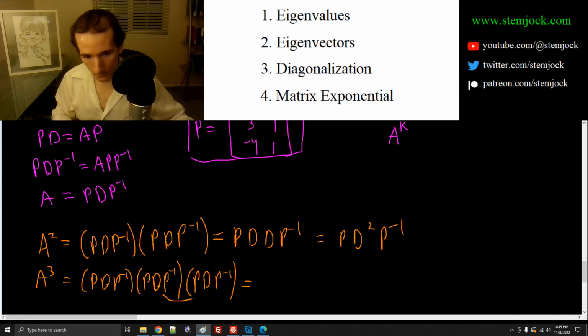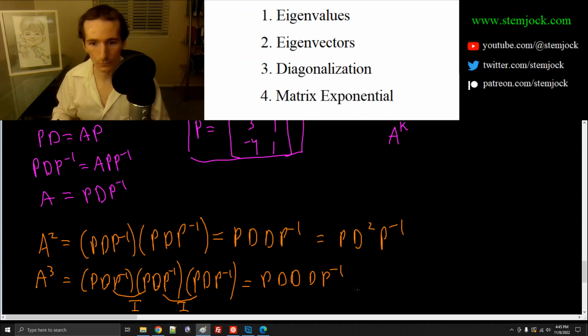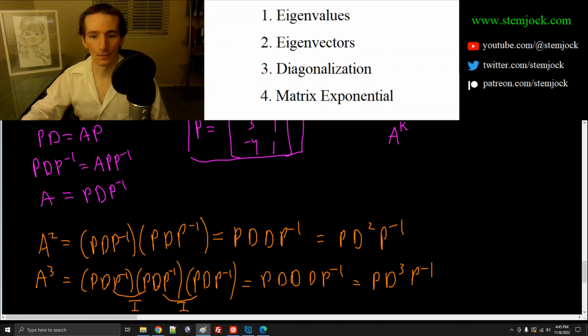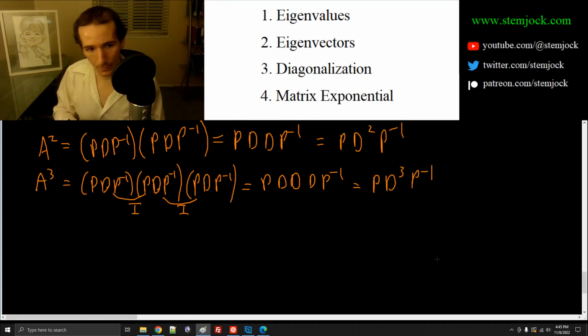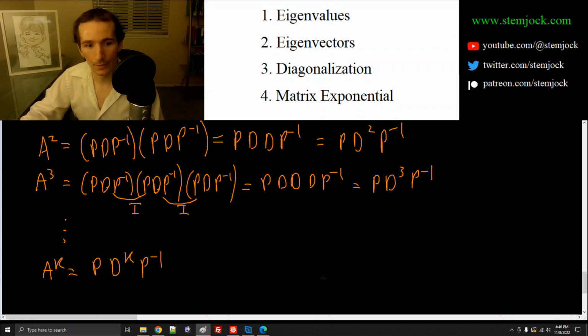So multiplying these two would give me the identity matrix, and multiplying these two would also give me the identity matrix I. So this would be P D D D P inverse, which is P D cubed P inverse. So we can say that A to the power of k is going to be P times D to the power of k, P inverse.